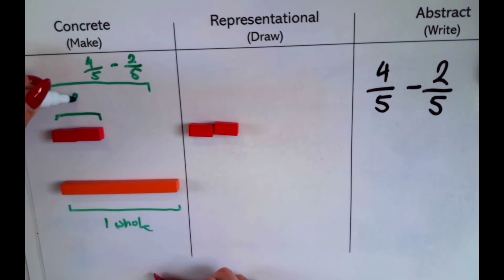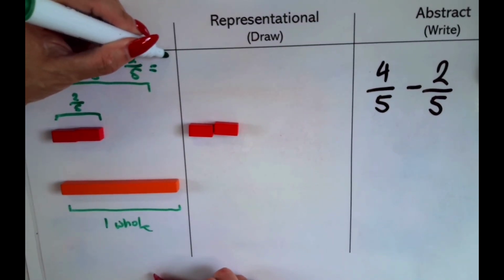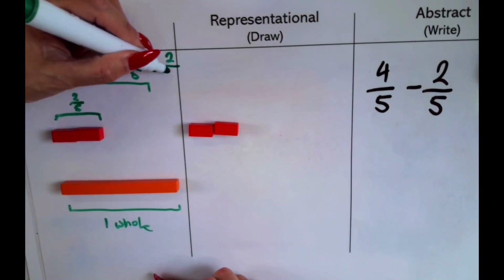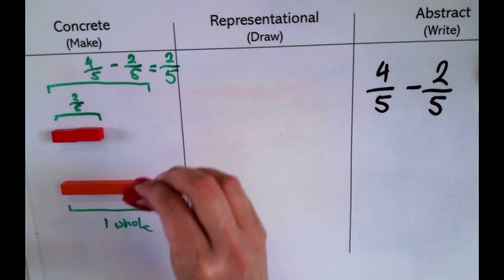I end up with 2/5. So 4/5 take away 2/5 is 2/5. So that's one way that you can get students to work with subtraction.